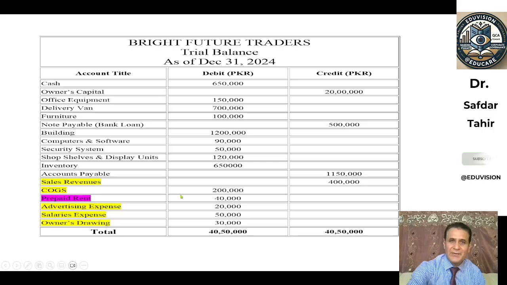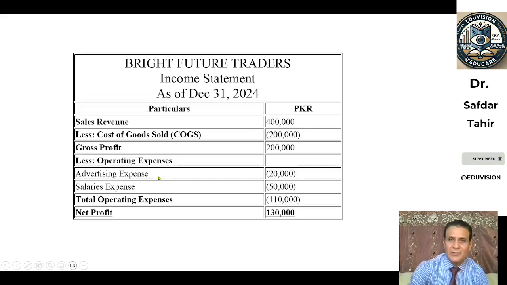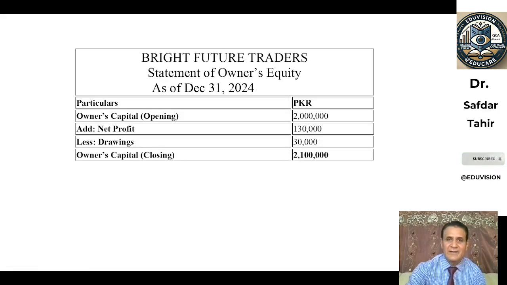Once you have done that, you close the sales revenue account, cost of goods sold account, advertising expense, salaries expense, owner drawing, and all the accounts into the income statement. After the income statement, certainly you prepare the statement of owner equity.